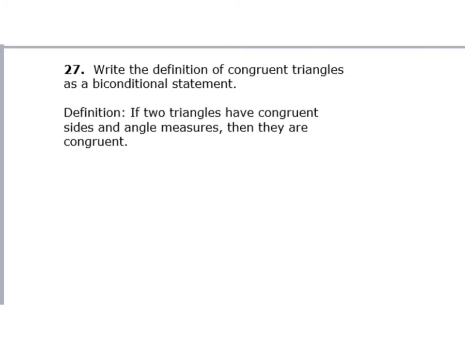Sorry about that. Write the definition of congruent triangles as a biconditional statement. So again, I'm going to start with my conclusion, which is they are congruent. What are we talking about? Two triangles. So two triangles are congruent, and then we say if and only if, which we can abbreviate IFF.